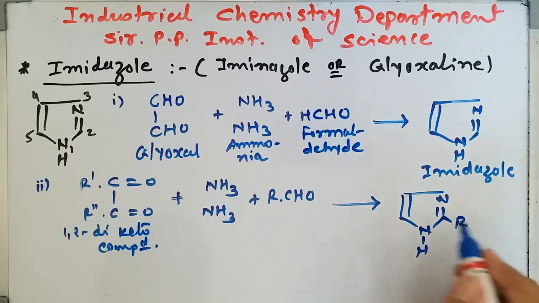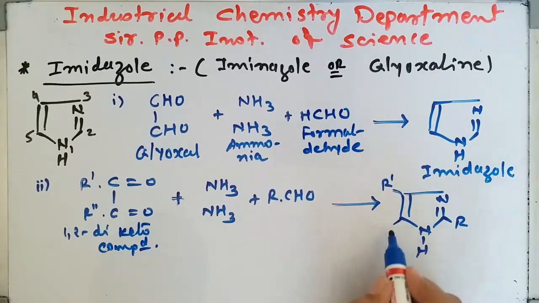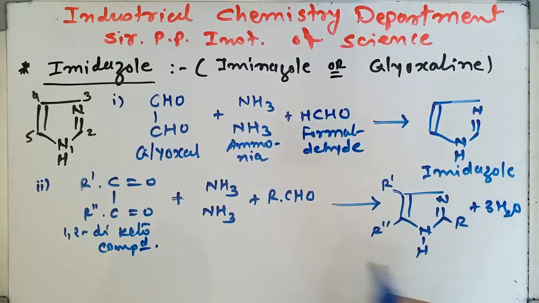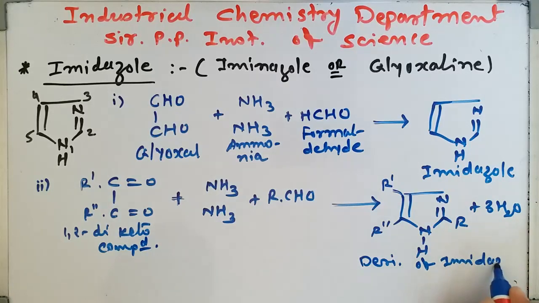This carbon contains R, the others contain R' and R'', plus 3H2O. So any 1,2-diketo compound treated with ammonia and an aldehyde gives an imidazole derivative. This is the second preparation.